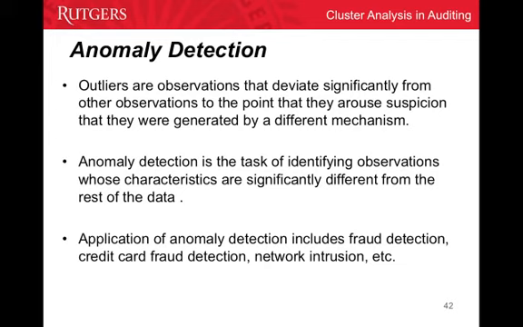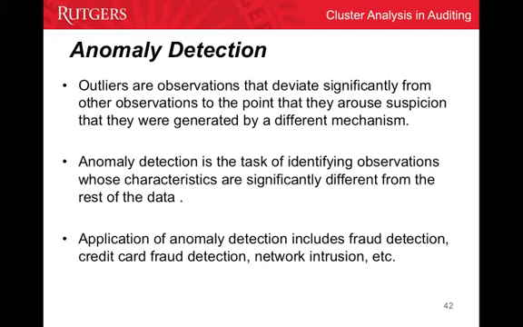Anomaly detection is a task of identifying observations whose characteristics are significantly different from the rest of the data. These observations are called outliers or anomalies because they have attribute values that deviate significantly from the expected or typical attribute values.